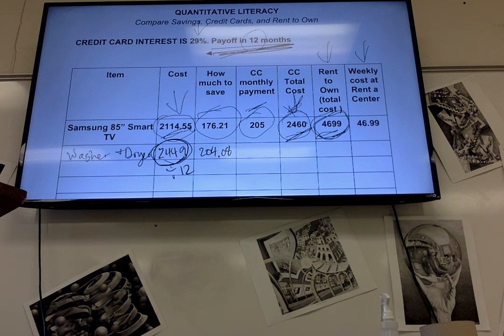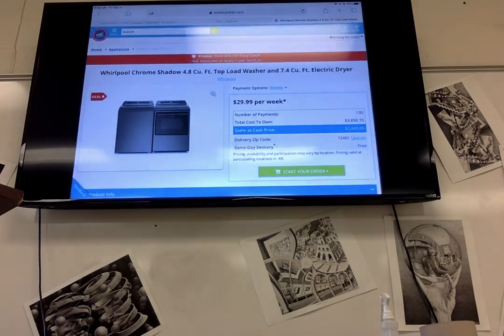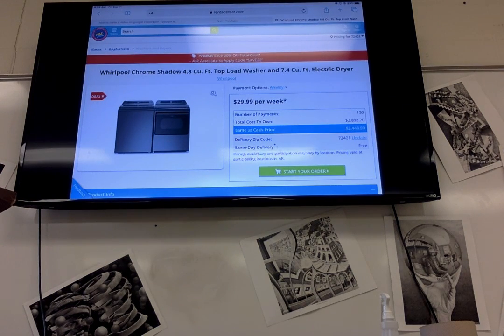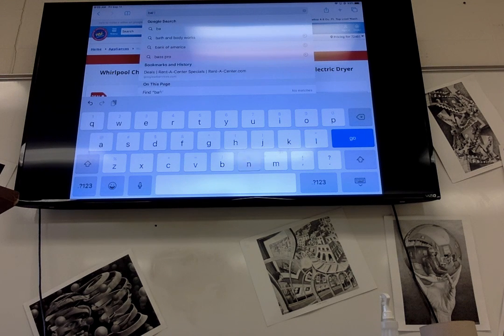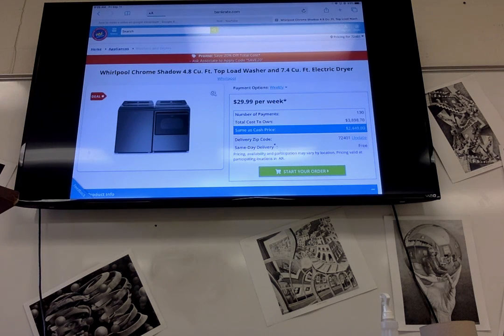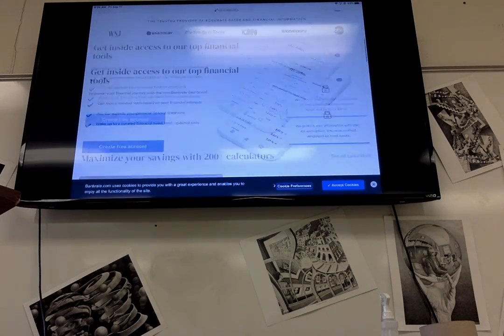Now, to do the credit card monthly payment, you need to go to your credit card calculator. You should have yours saved on yours, I do believe. And of course, mine is not.